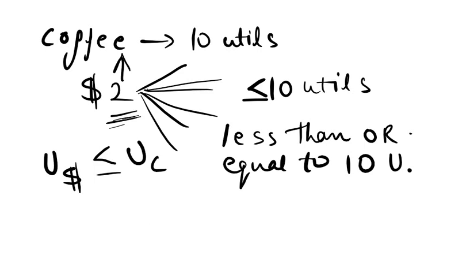The utility of money is either less than or equal to the utility derived by coffee, or the utility derived by coffee or the commodity in question is either greater than or equal to the utility that you derive from that much money that you have to spend.